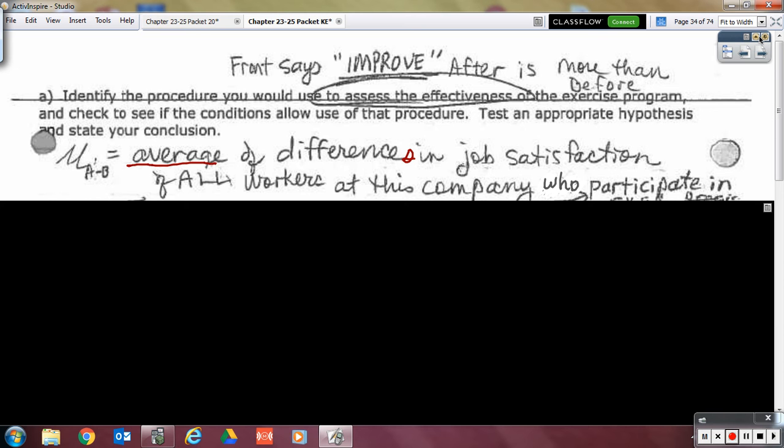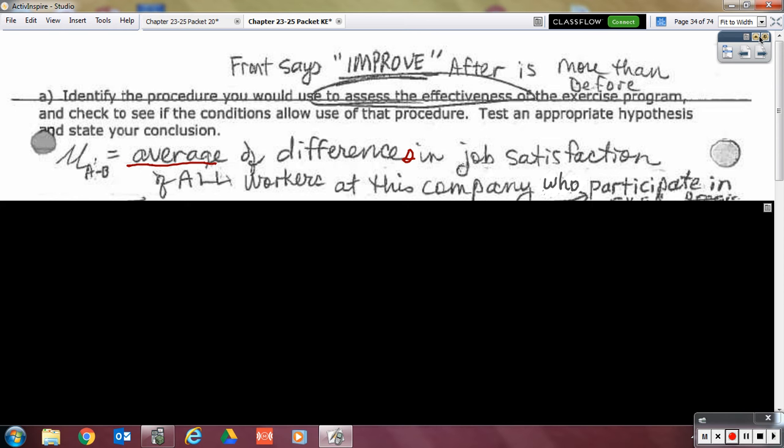Here I'm going to show you how we would write the parameter because it's different than we've written before. Okay, so take a look here. It is one mean. So it's mu, and then we have the little subscript A minus B because we did the after minus before. And I'm going to talk to you about why we do after minus before in just a second.